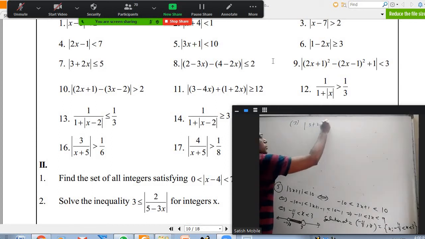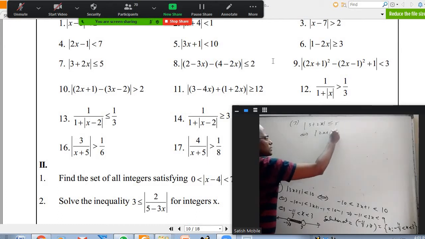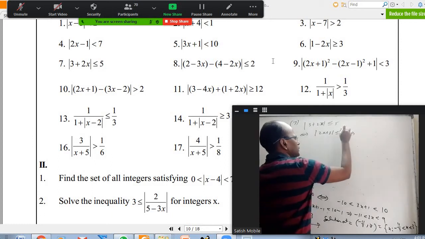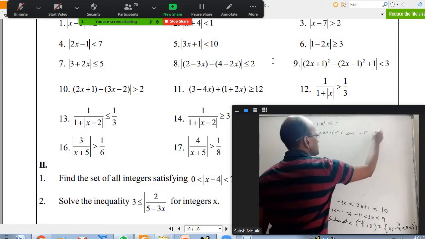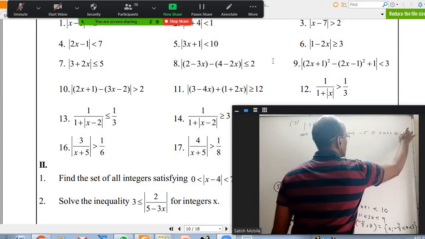Seventh is also quite an easy question. Mod 3 plus 2x is less than or equal to 5. Mod of something less than 5 means it will be between minus 5 and 5. We discussed already: mod x less than k means x is between minus k and k. It is 3 plus 2x or 2x plus 3, not a big issue. So mod 2x plus 3 less than or equal to 5 means minus 5 less than or equal to 2x plus 3 less than or equal to 5.